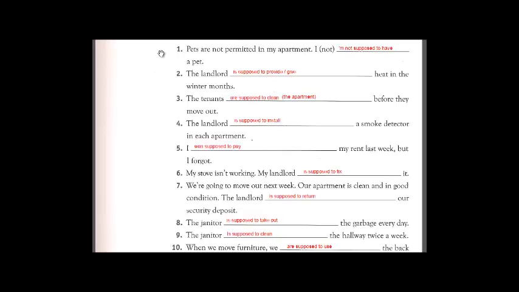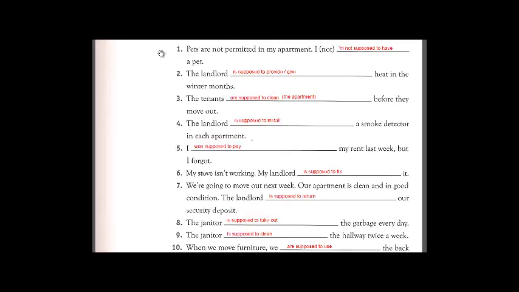Number 5. I was supposed to pay my rent last week, but I forgot. Number 6. My stove isn't working. My landlord is supposed to fix it. Number 7. We're going to move out next week. Our apartment is clean and in good condition.